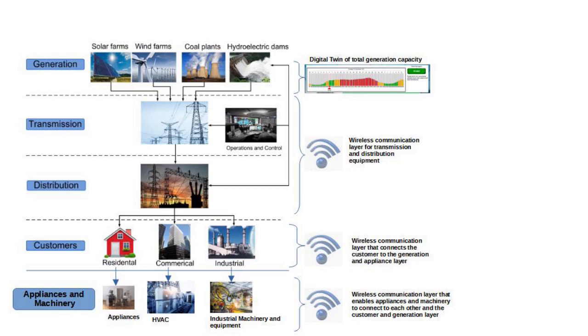So basically, in order to communicate with the generation layer, we would have to present it in a digital form where this is a mirror image of the grid at any given time, where we'd be able to get real-time data about the status of the grid, how much it's generating, the total generation capacity, and whether it's overloaded, or basically looking at the load management from this data. We'd be able to get all that information using this.